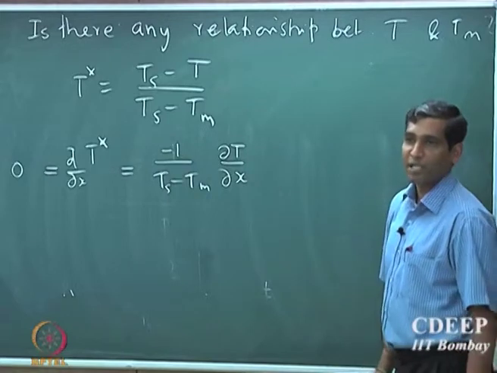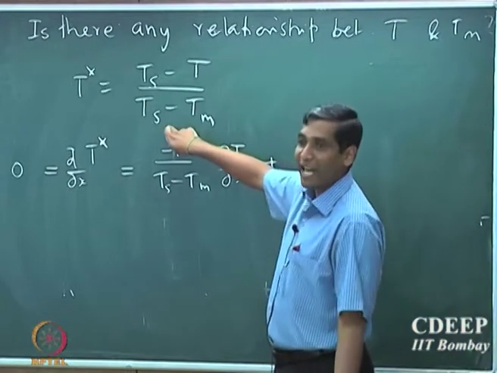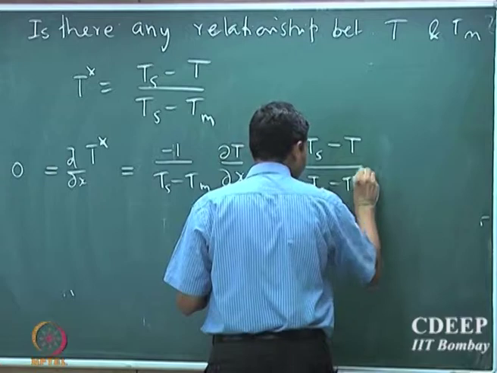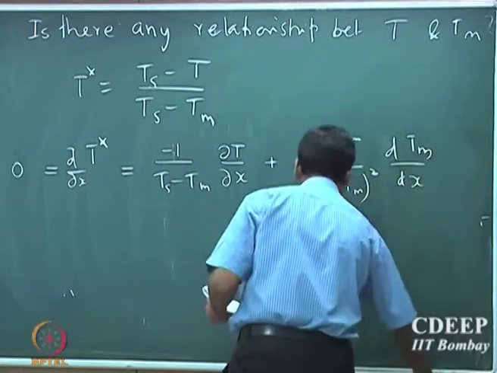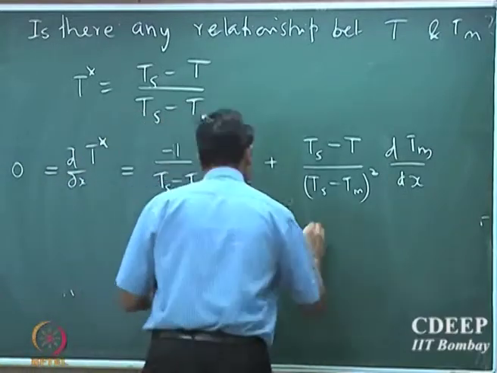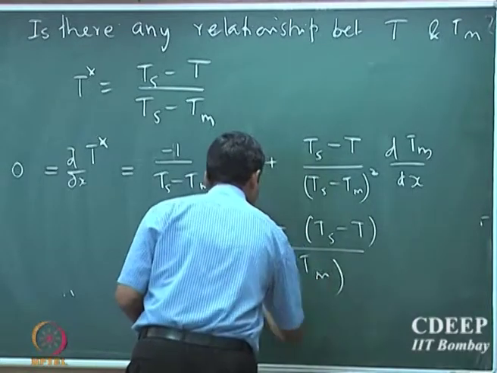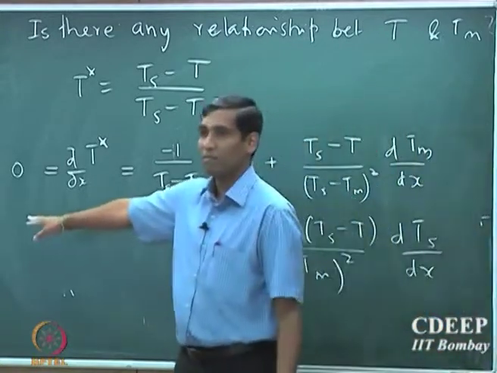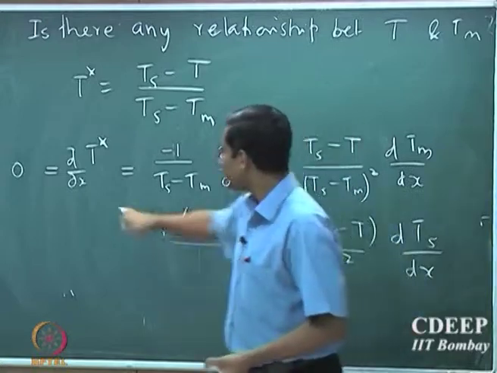So that is the x derivative with respect to local temperature, plus, we can take a derivative with respect to the temperature Ts, plus (Ts minus T) divided by (Ts minus Tm) the whole square into dTm/dx, plus (Ts minus Tm) minus (Ts minus T) divided by (Ts minus Tm) the whole square into dTs/dx, okay, and that should be equal to 0 because the dimensionless temperature is now independent of the x position in the fully developed regime, and therefore this derivative is 0.